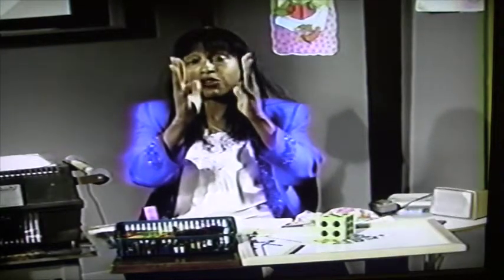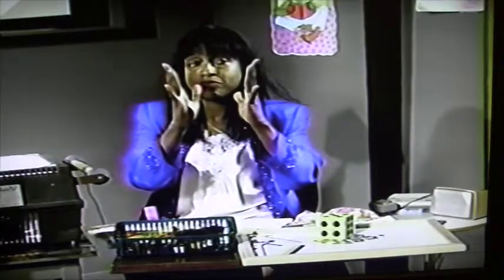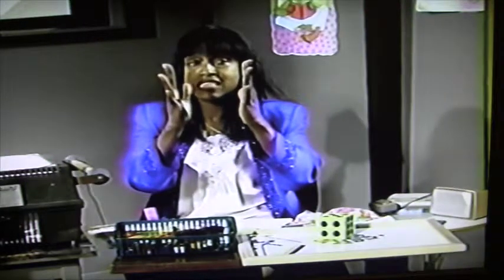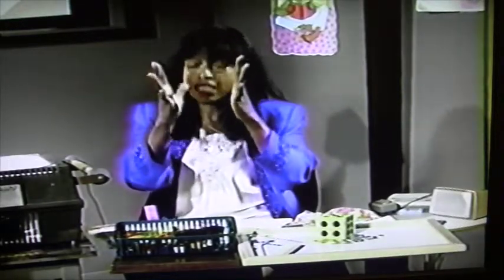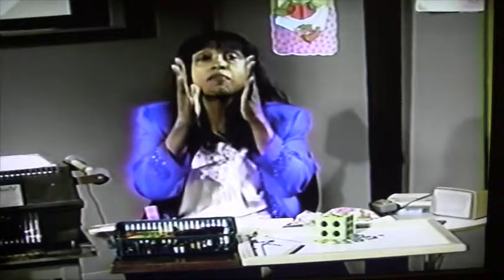Is your little finger in the same place as the other little finger? Yes. Is your fourth finger in the same place? Yes. Is your third finger in the same place? Yes. Is your forefinger in the same place? Yes. And is your thumb in the same place? Yes, it is. Well, it's like a mirror.